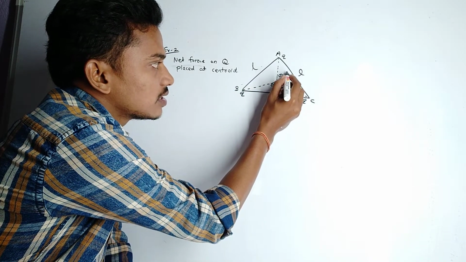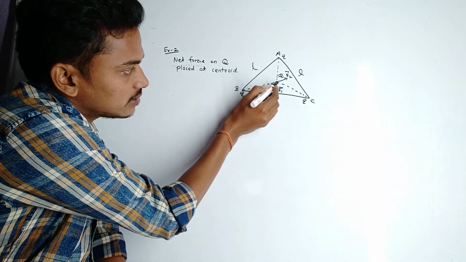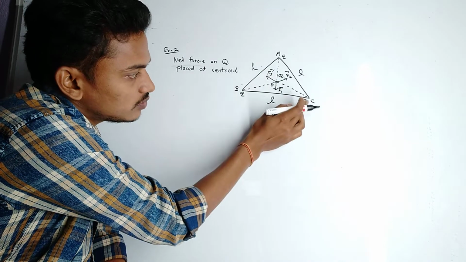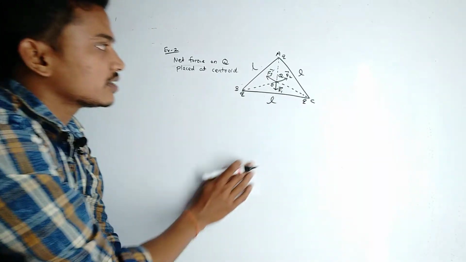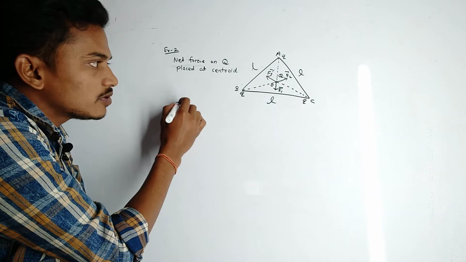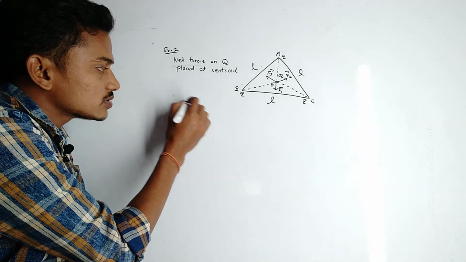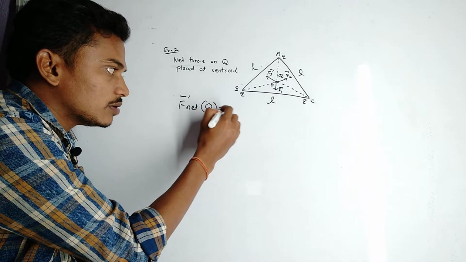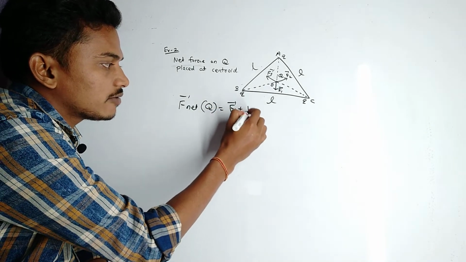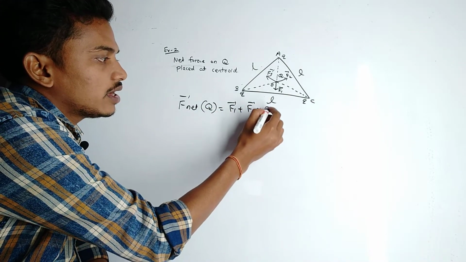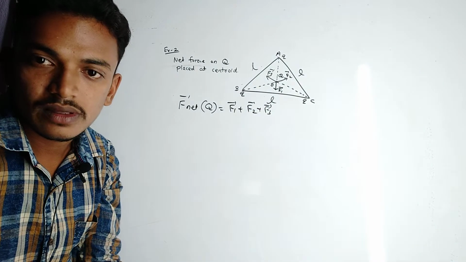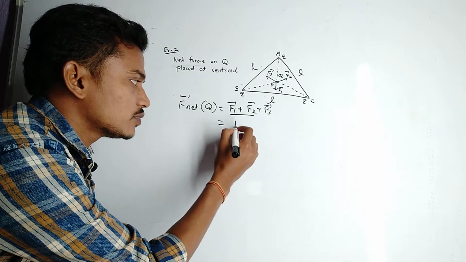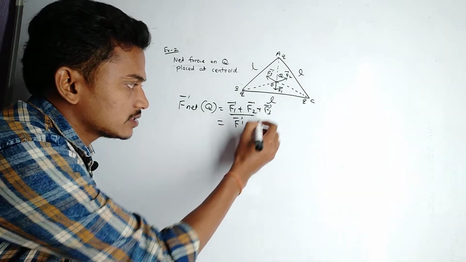This is F2 suppose, and this is F3, the force on charge capital Q due to small q at the C point. So by the principle of superposition, the net force on the capital Q will be the vector sum of F1, F2 and F3. Let F1 plus F2 be F dash, and this is F3.